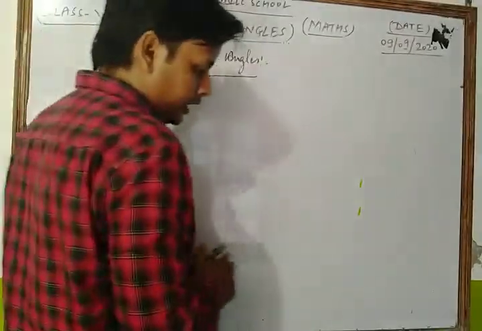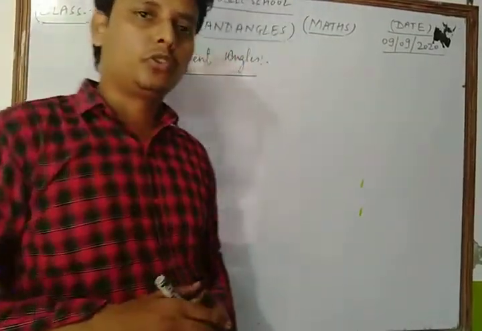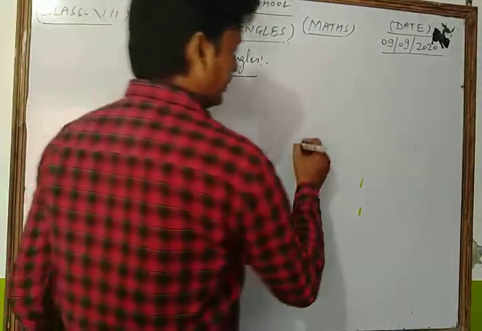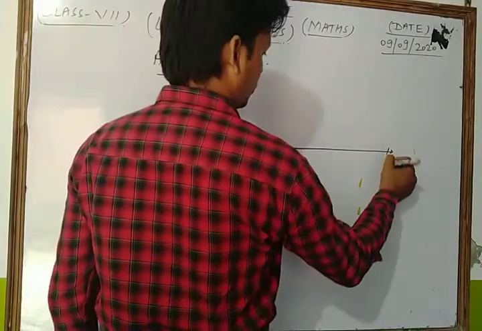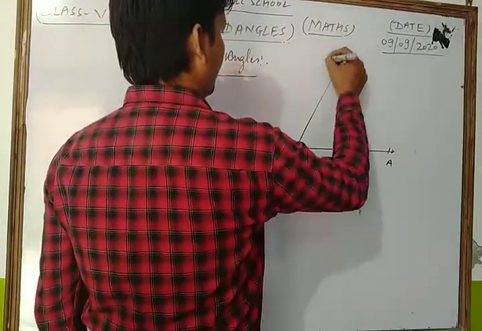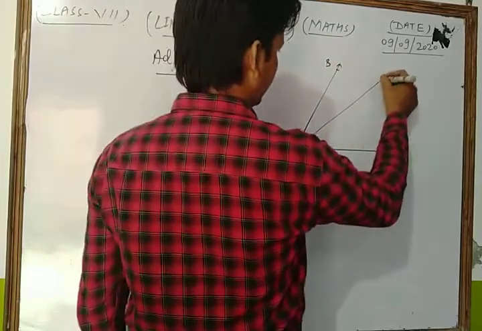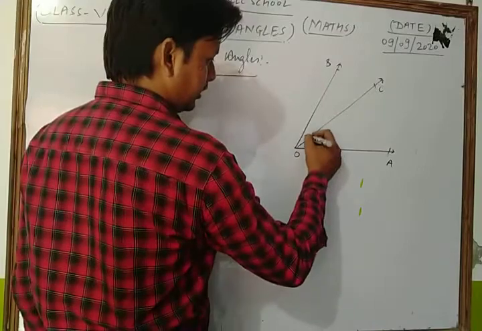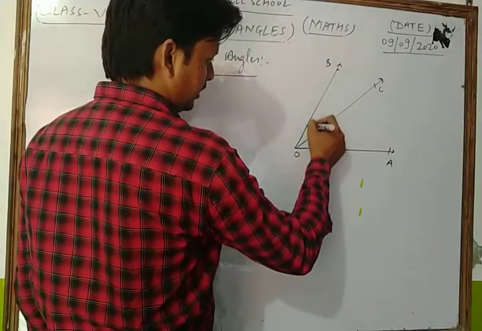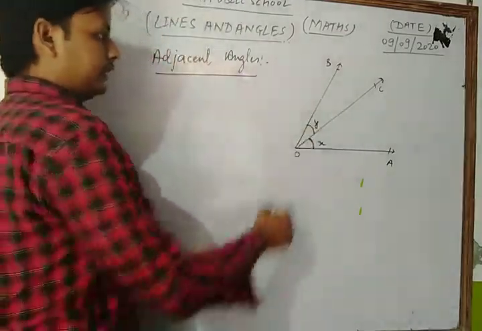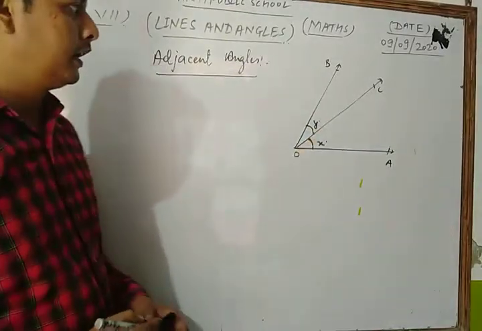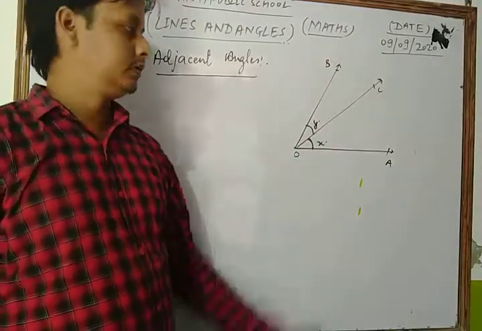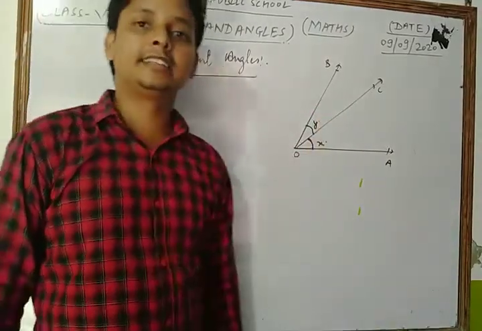Dear students, this is one of the most important topics of your syllabus and chapter. Dear students, suppose that we draw two rays, OA and OB, and a third ray we form in this way, OC. Then suppose that one angle is x and the other is y degrees. Dear students, in that figure the angles x and y are adjacent angles.